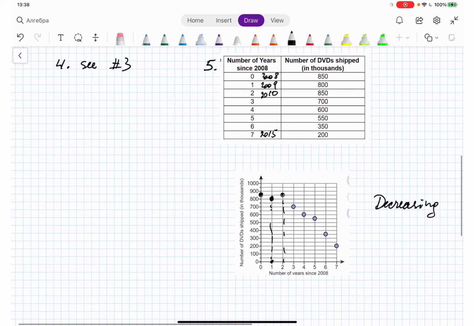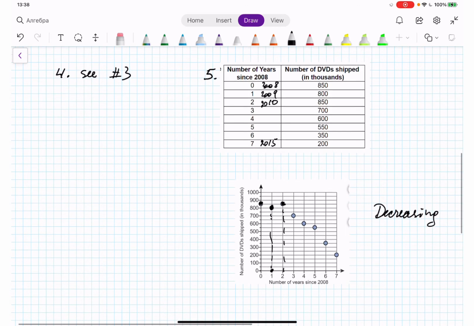And the only exception happened when? At this point, right? When it was a slight increase. Where is it? X is equal to year 2010. In 2010, slight increase.